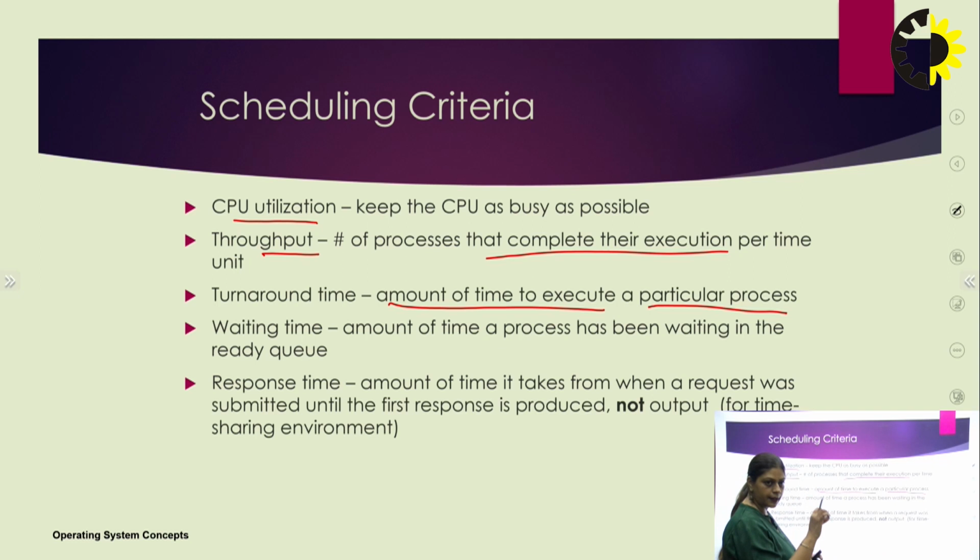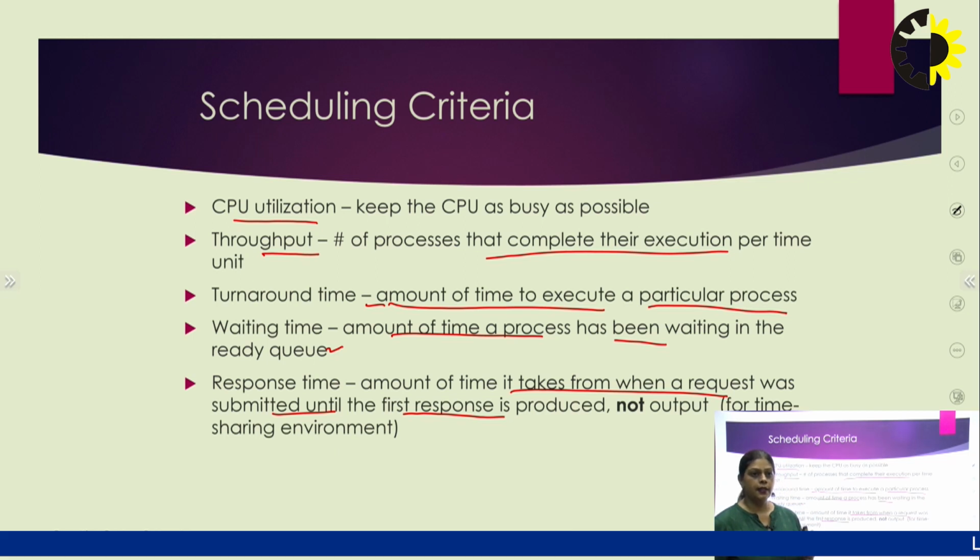When a process enters and when it terminates after completion, the total time spent by that program is the turnaround time. Waiting time is the amount of time a process has been waiting in the ready queue, right? Response time is the amount of time it takes from when a request was submitted until the first response is produced, right? The time at which it first gives the first response is the response time.